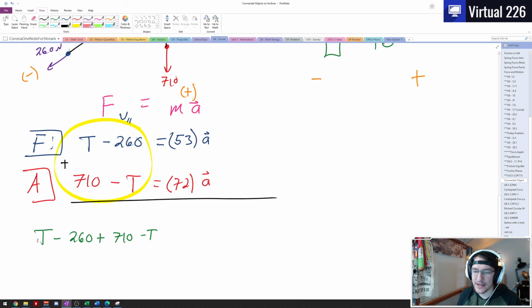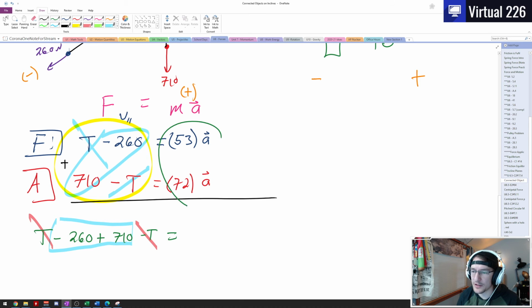As we see, these tensions go away. Another way to write it, if you're saving yourself some time, is that the tension and tension go away, and I'm just left with 710 and negative 260. On the other side, because these are like terms, I can just add 53 and 72a together. 53 and 72 is 125a.